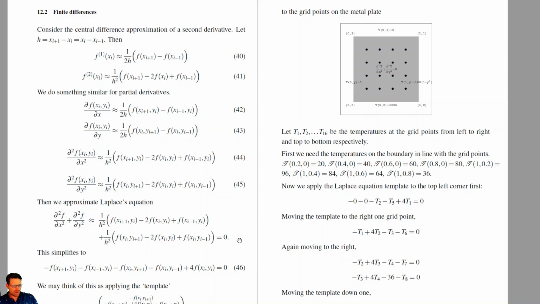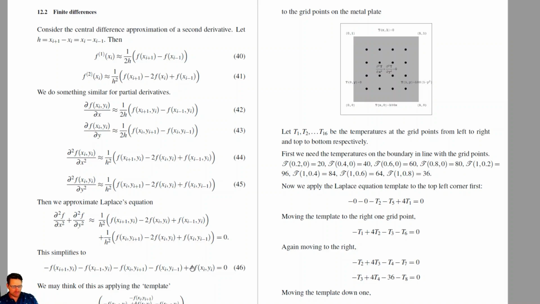And so what we get is minus the sum of each of these, so minus f of x_{i+1}, y_i, and then moving back in the x and fixing the y_i, then the y_i changes while the x is fixed.